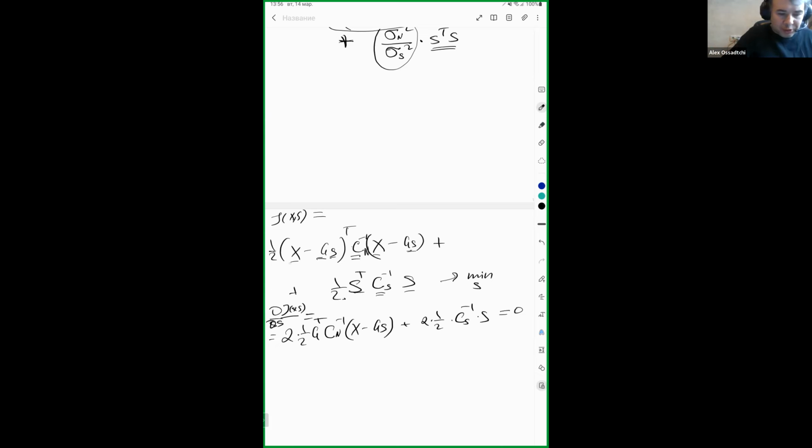So this is just simply the square (x − gs)², because transpose for a scalar is just nothing, right? So it's just a scalar multiplied by some Cn⁻¹, okay? So what is the derivative with respect to s? This is a composite function, right? Where one function is inside another function. You first take the derivative of the outer function, which will be 2 times (x − gs), and then for the inner function, what is this?